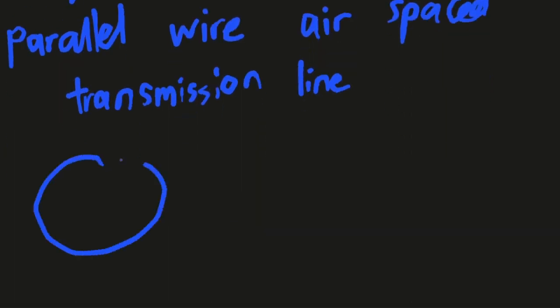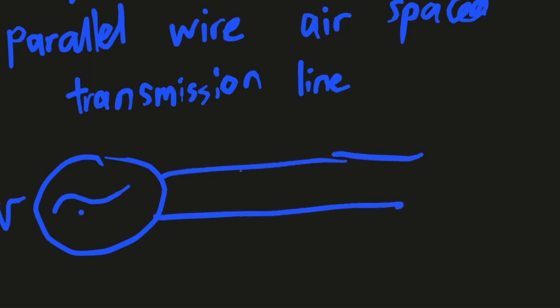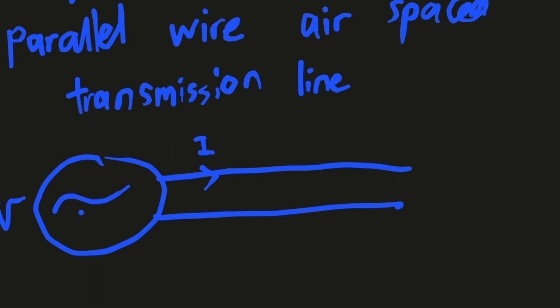We have some voltage source, and we send some current down the line. It sets up a standing wave in the line because it terminates with air, so you get the current wave going down and then reflecting back, so a standing wave.